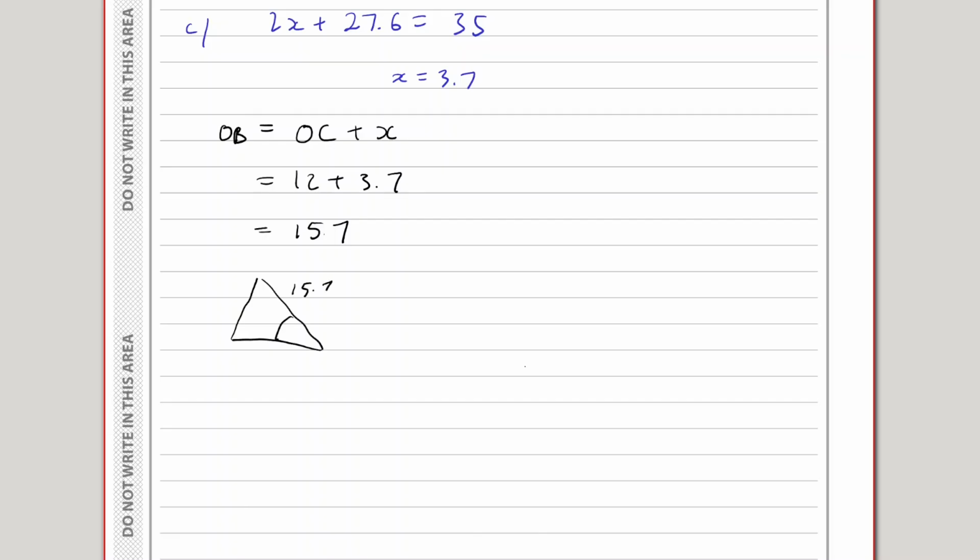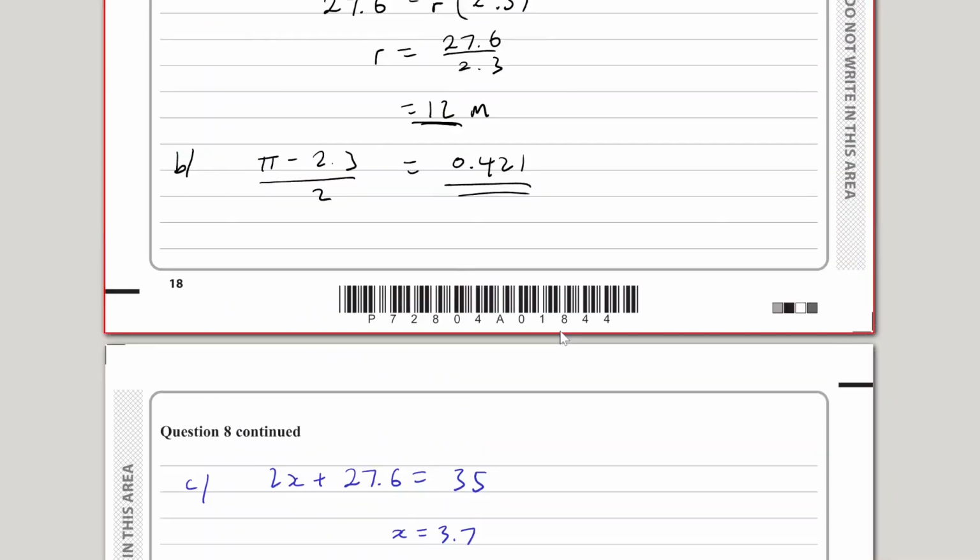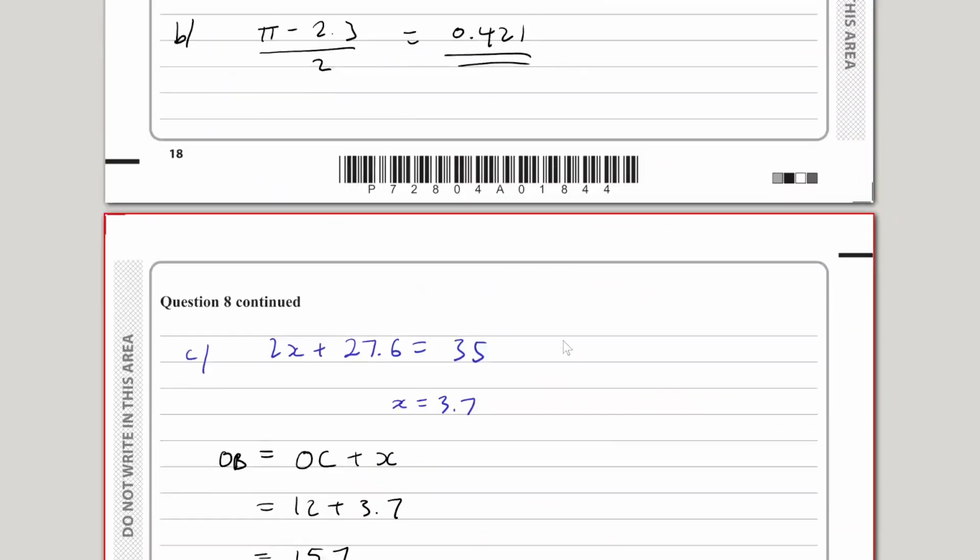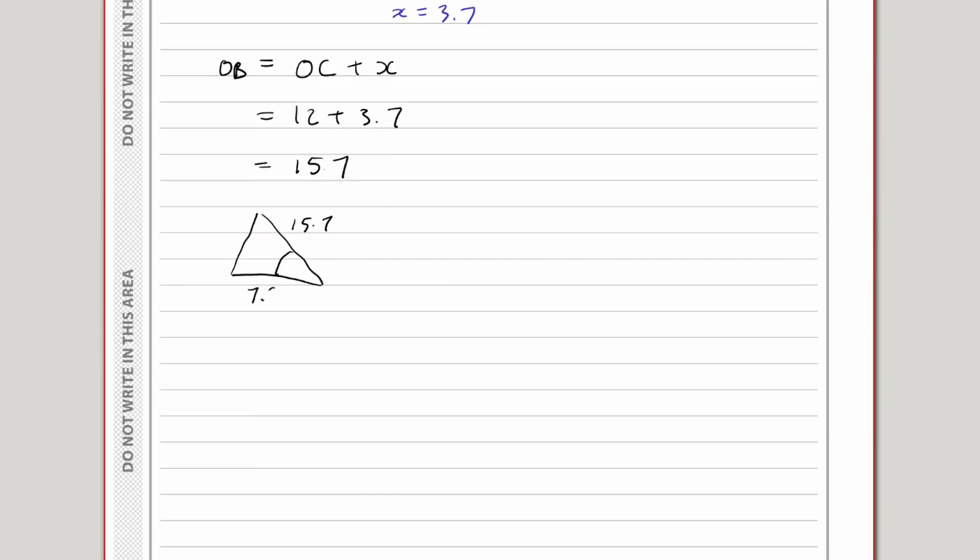So 15.7, we've got 7.5 and 0.421. That's our triangle.